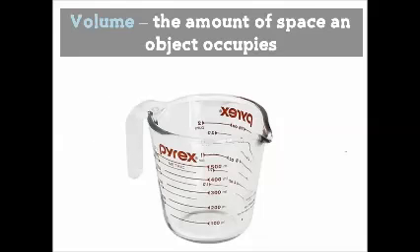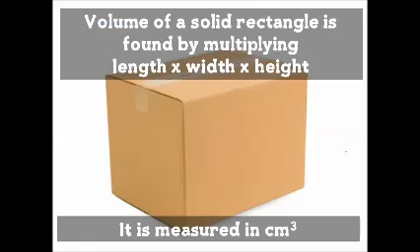Now, another value we want to look at is volume. Volume is the amount of space that something occupies. So, to measure the volume of a solid, all you have to do is take the length times the width times the height.